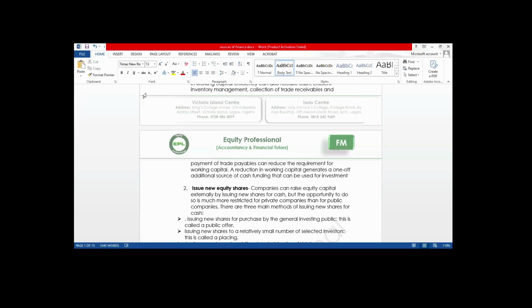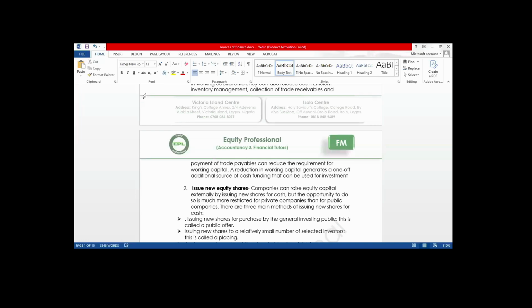At times, you invest a lot of capital in your inventory. That means you are tying down capital to the inventory. If you are able to achieve efficiency in inventory management, by so doing, you are going to avoid tying down too much capital to inventory.